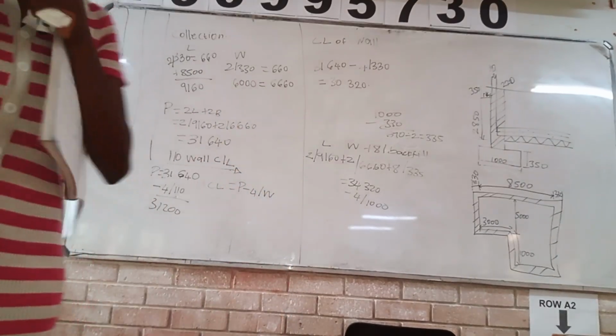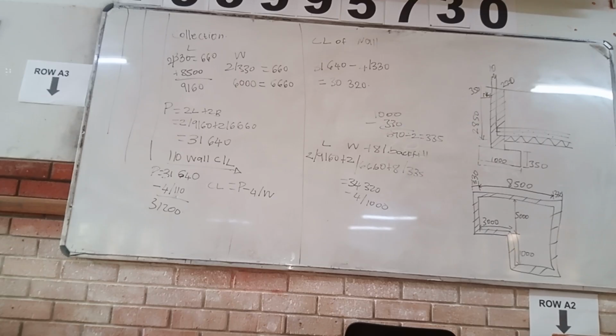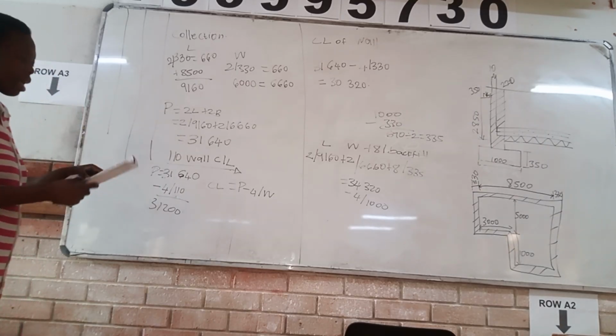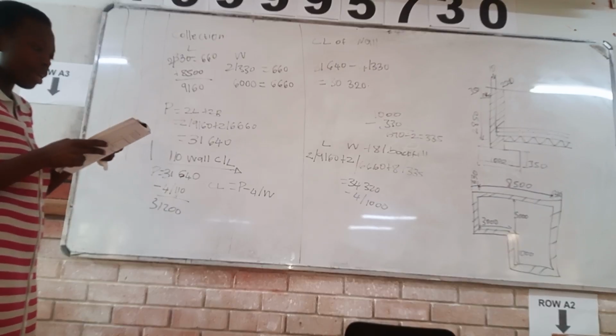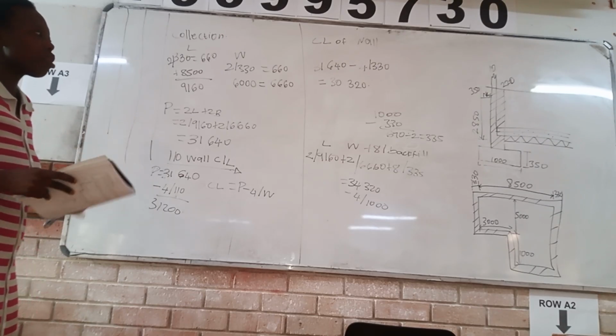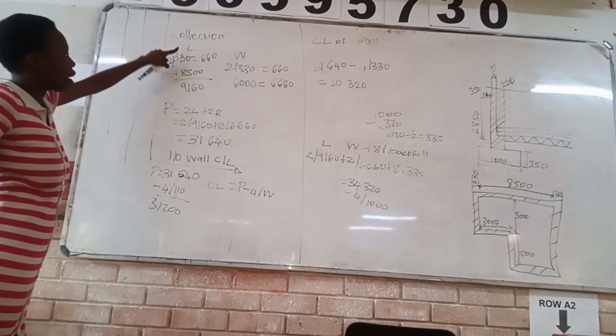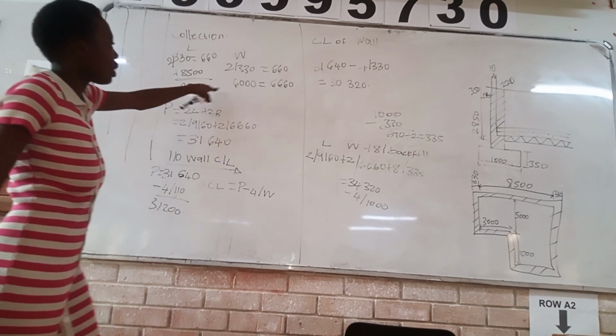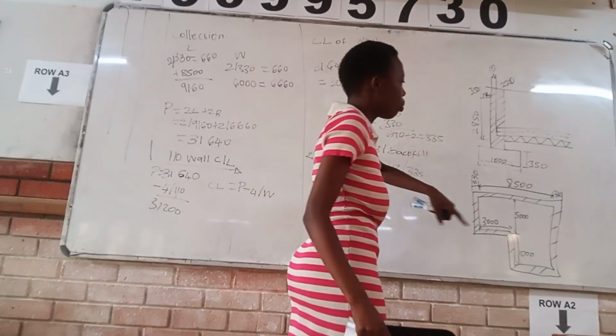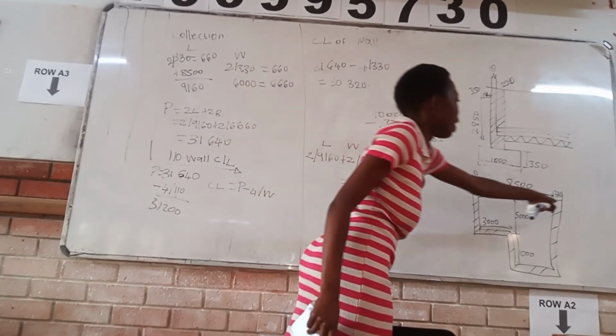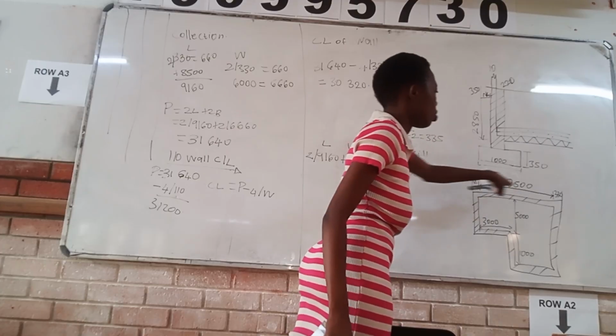We get the same answer as this one. Okay? So now we are doing costing. They told us to calculate the total cost of brickwork for only the half brick wall. If they say only the half brick wall, we calculate the collection. Here we need to calculate the length and the width, all around, so you are going to need the perimeter. The external length is 8,500 plus 1238.